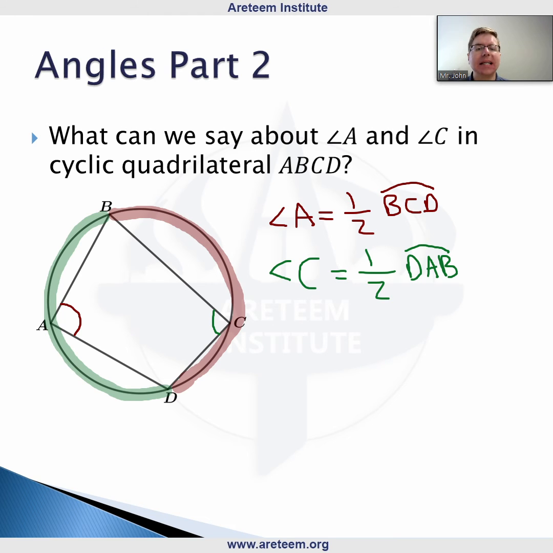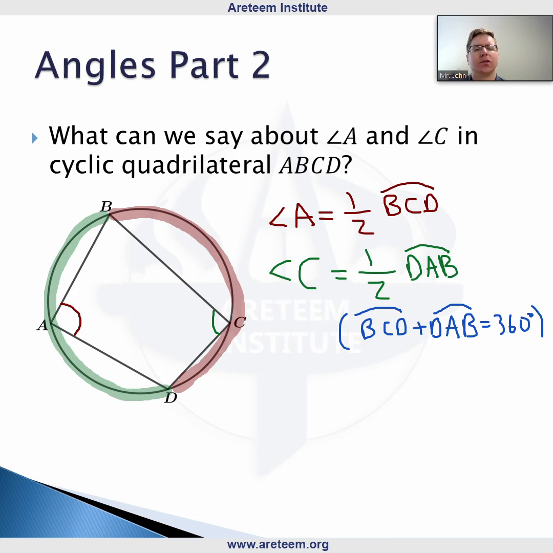Now, what is the key here in this case? Well, the key is that those two arcs make a full circle. So the two arcs actually are a full circle in this case. So of course arc BCD plus arc DAB is a full circle. So that is 360 degrees in this case.